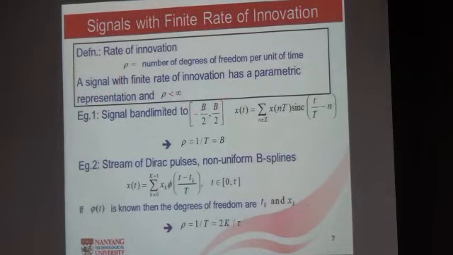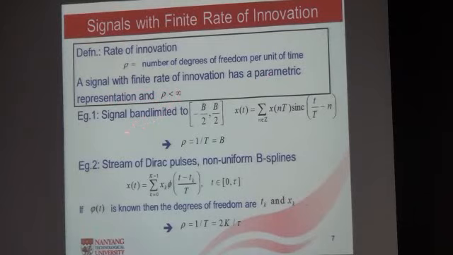We define the rate of innovation rho as the number of degrees of freedom per unit of time. So a signal with finite rate of innovation has a parametric representation and has a finite rho.